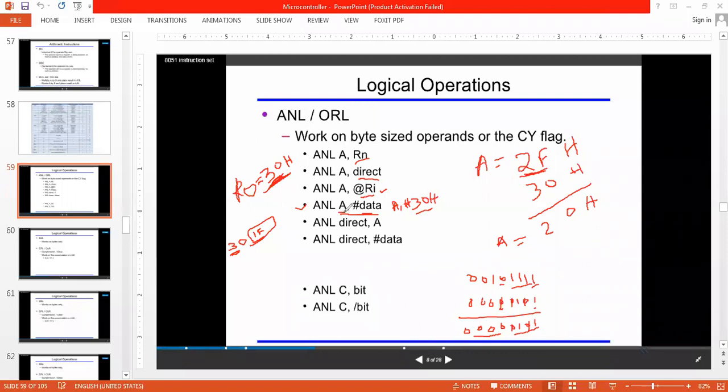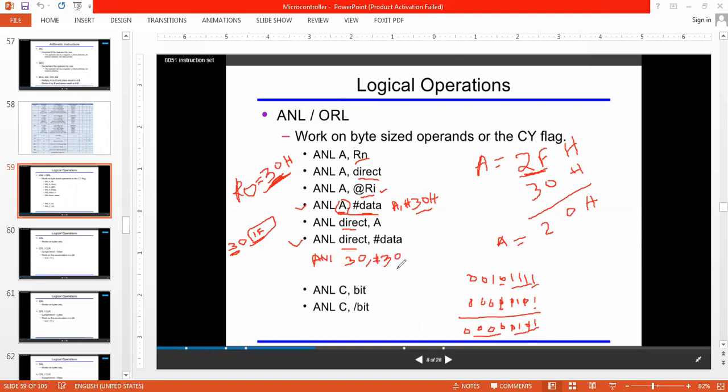Then one more option that I have is, instead of A in the source, this is the source operand, correct? Instead of A, I can utilize the direct memory address. Say for example, I will go for this: ANL 30H comma hash 30H.